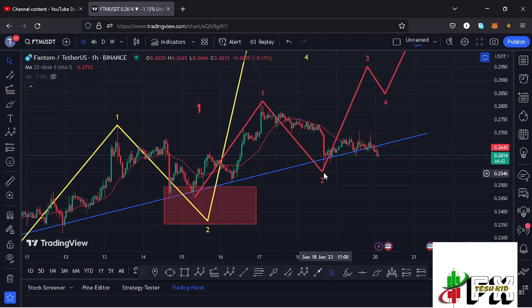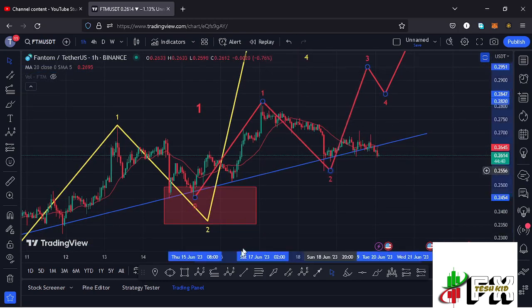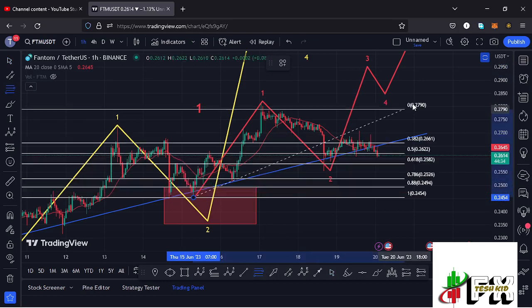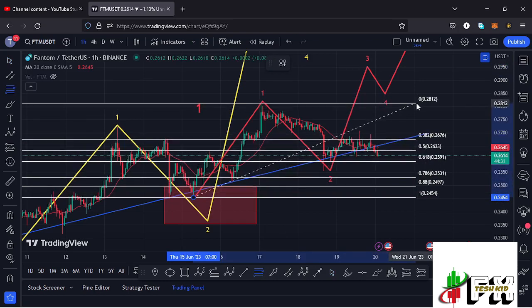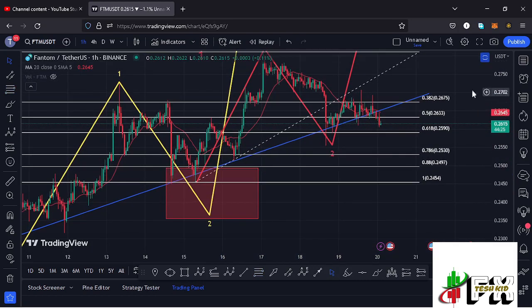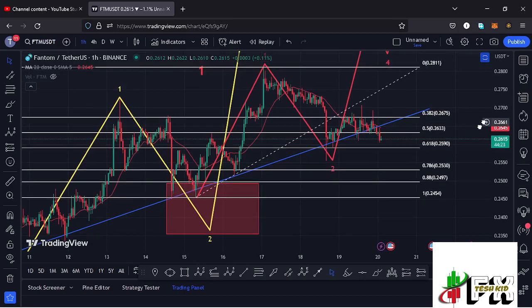And since we are in the formation of this second wave, then using the trend-based Fibonacci's, connecting them from the low of the first wave to the high of that wave 1, we can get a minimum reversal area that we need to keep our eyes on, since within that area we can see a reversal to the upside, and that is the area between the fib level 0.5 and the fib level 0.618.